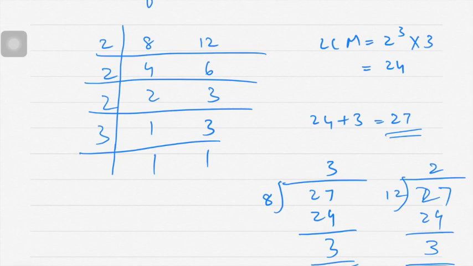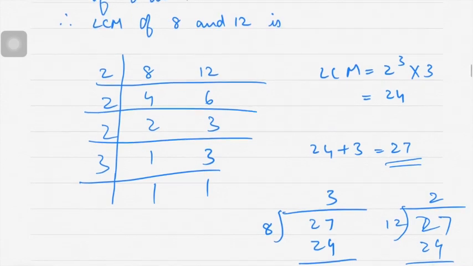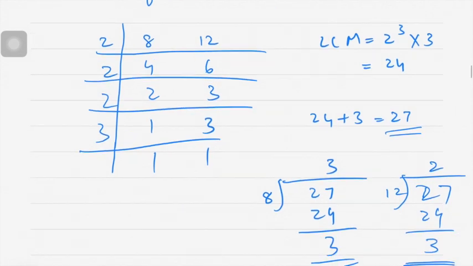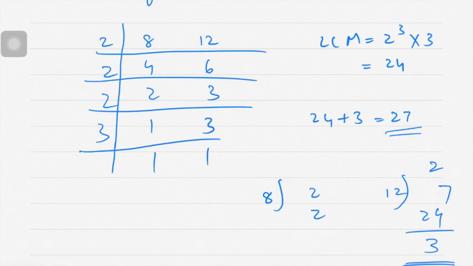That is what they have asked. They want a number which is not a multiple. When you divide it, 3 should be the remainder, for 8 as well as 12, right?